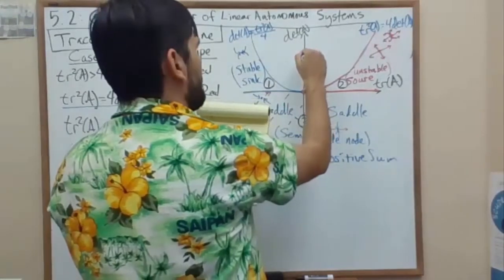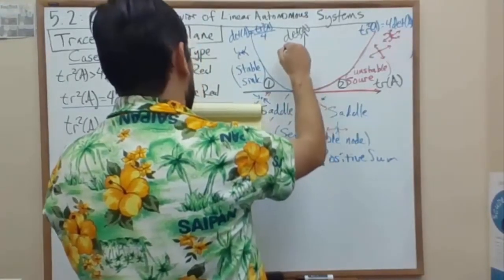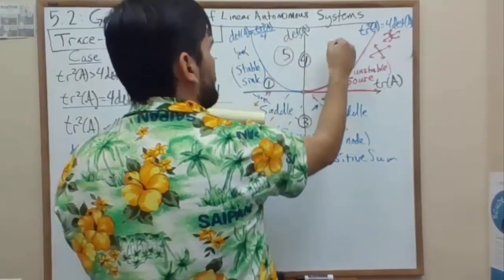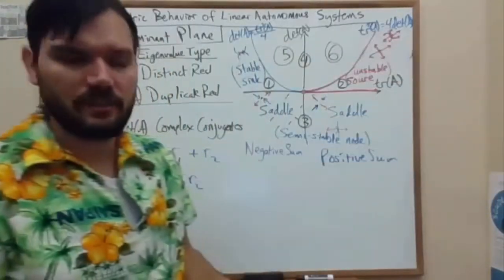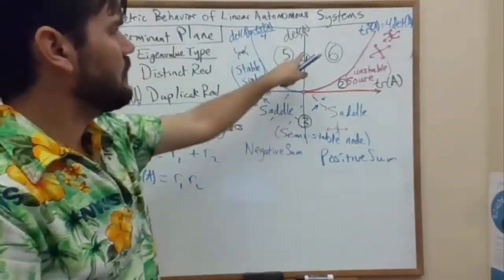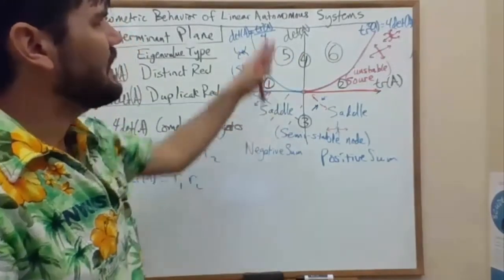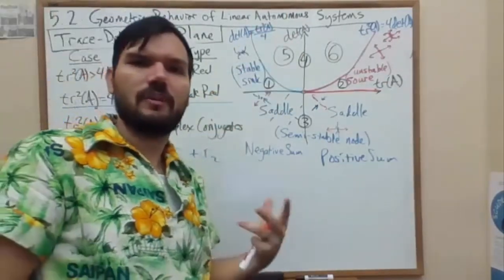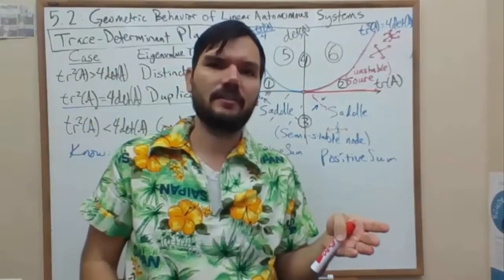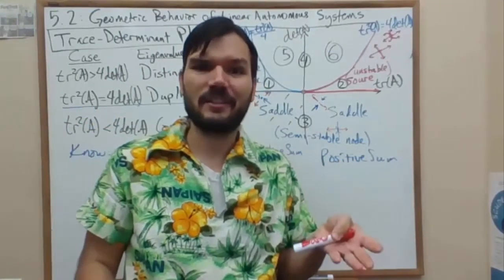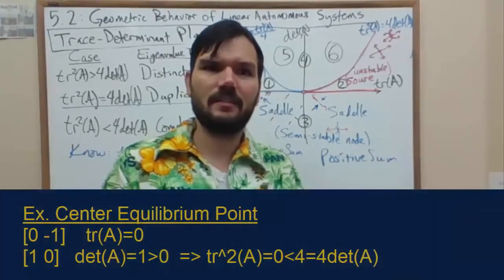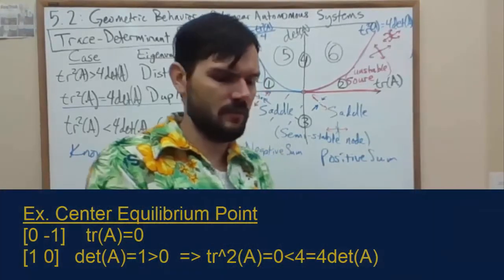And that would be 4, 5, and 6. So let's look at those. 4 is on the determinant axis where the trace or sum of the eigenvalues is 0. Now, if the eigenvalues are complex conjugates, the sum being 0 means the real part is 0.